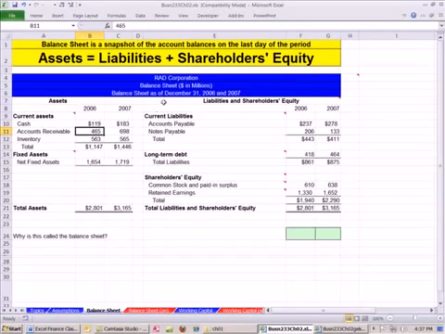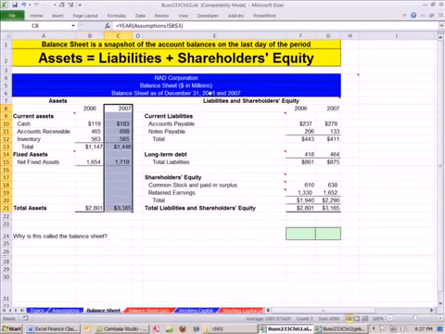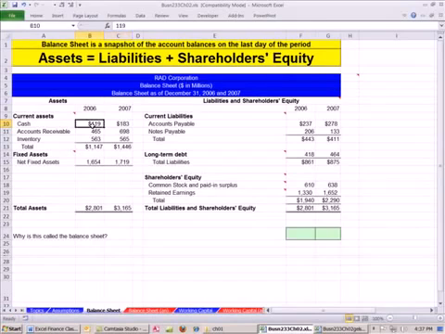Now let me ask you a question. Balance sheet, it says up here, is a snapshot of the account balances on the last day of the period. So really, if this is 2007 and our ending year is December 31st, this balance right here is December 31st, 2007. Now, what about this one? This is December 31st, 2006.